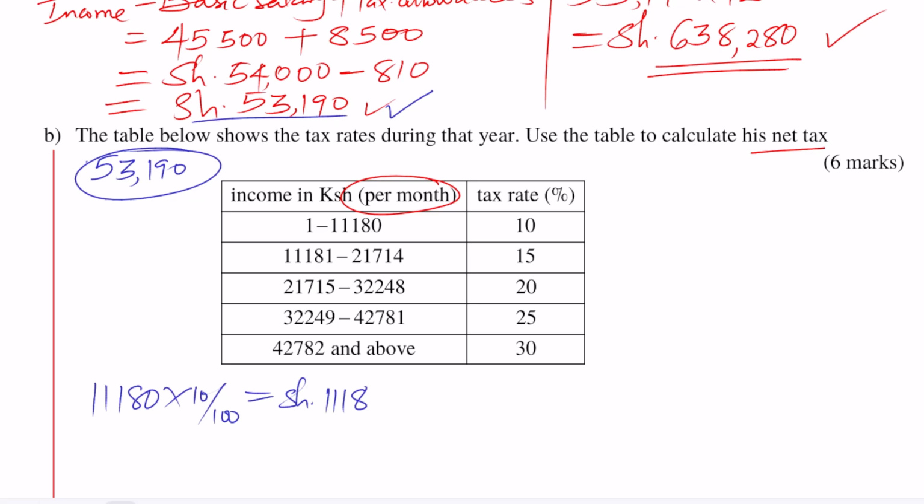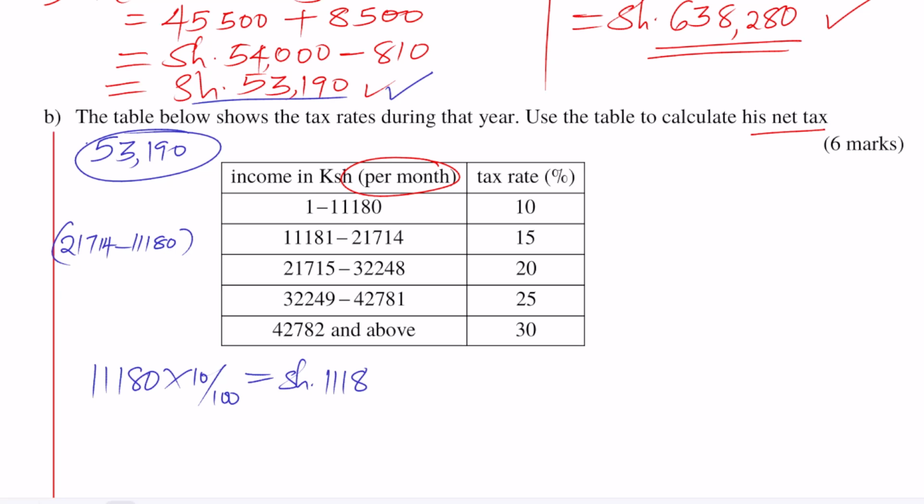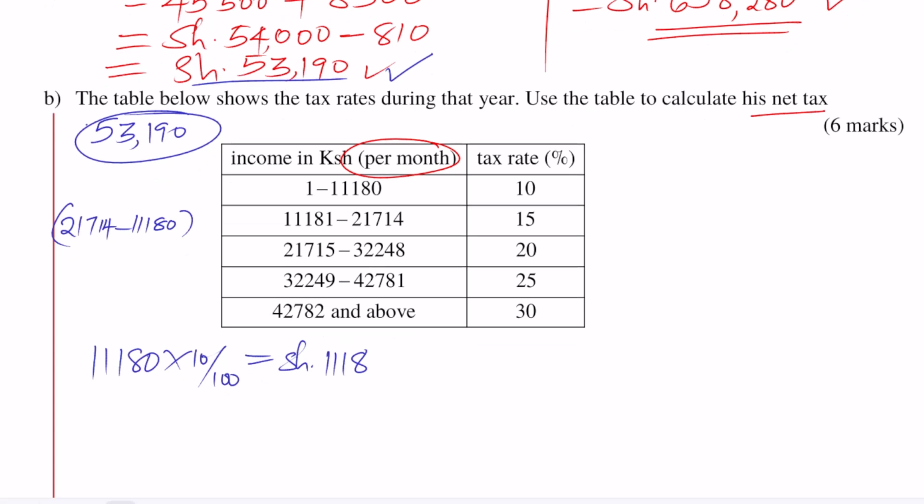We go to the second slab. This is how we get the amount in the second slab. We simply get 21,714 subtract 11,180. When you subtract, you get the amount to be 10,534. So 10,534 times the tax in that bracket, which is 15%.